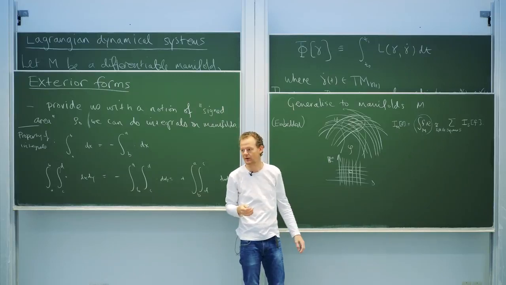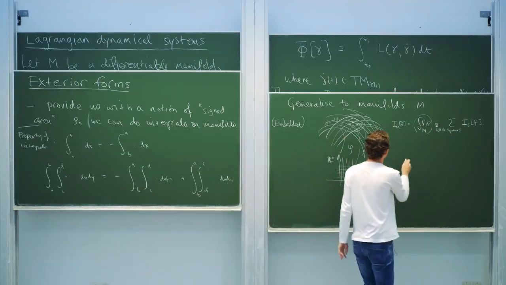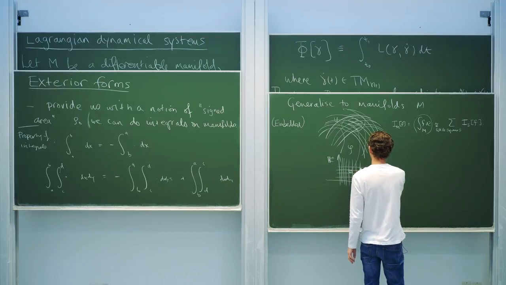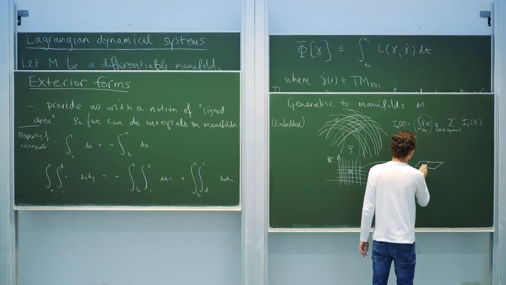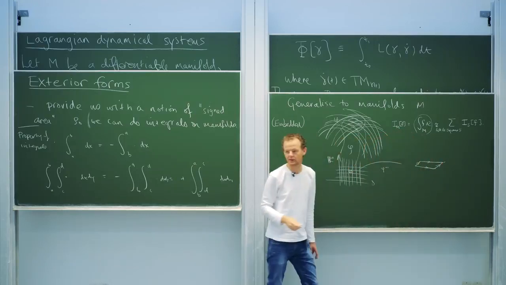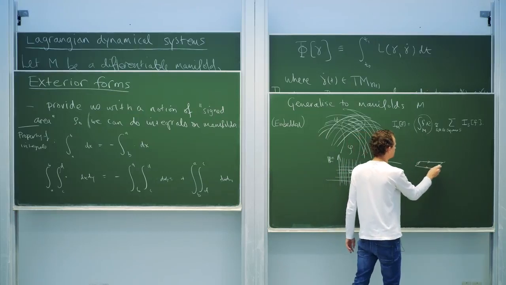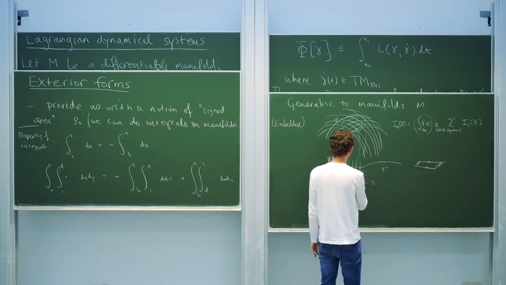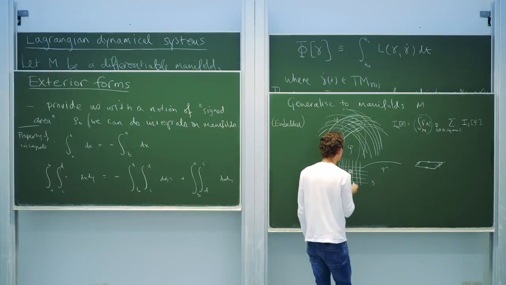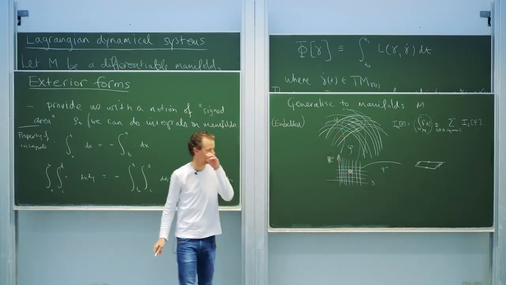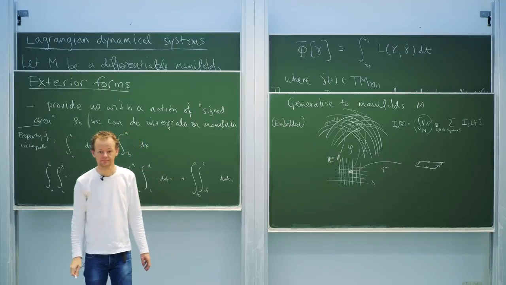It's more like a parallelogram, right? So this little square S looks like a little parallelogram here, under phi inverse.